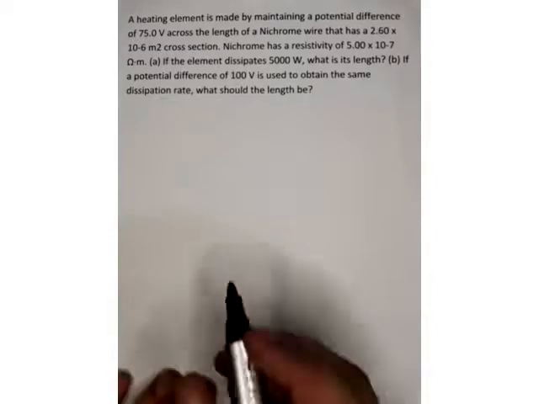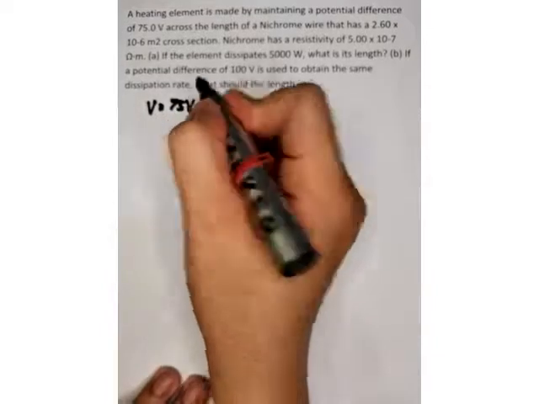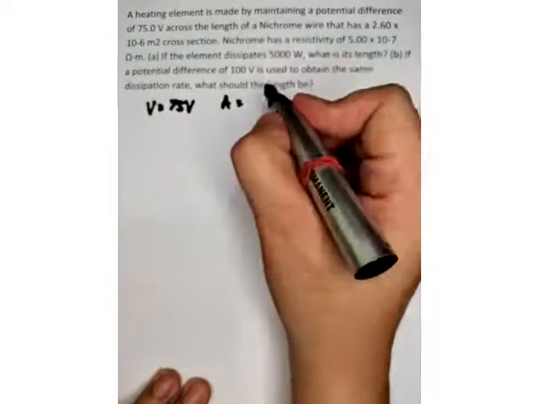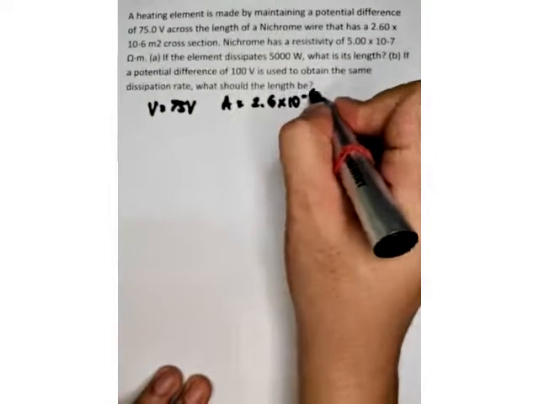I think that's the area. Okay, so the given voltage is 75 volts, and then the cross-sectional area of the wire is 2.6 times 10 raised to negative 6 meters squared.